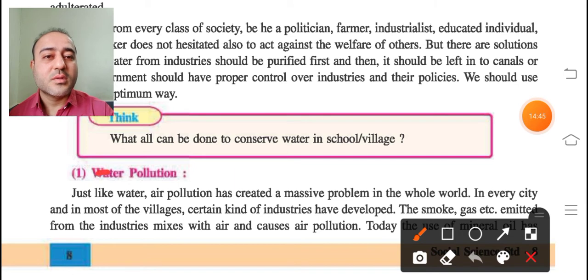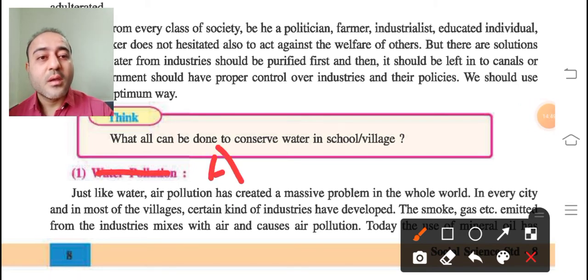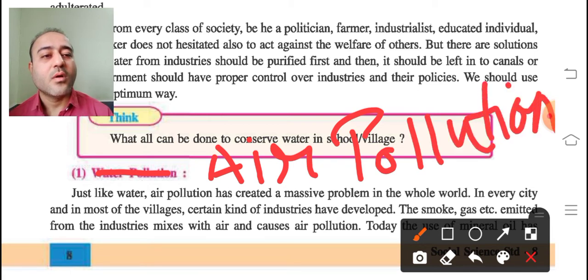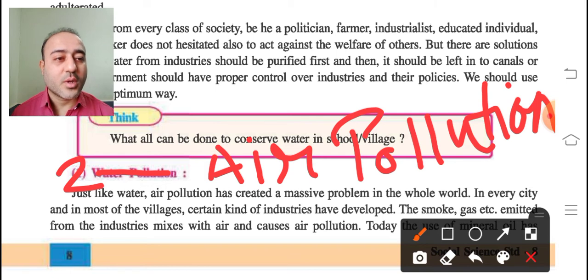Right. So this is not water pollution. It is air pollution. Okay, fine. So this is paragraph number 2, that is air pollution. Okay, fine. So we'll move further.